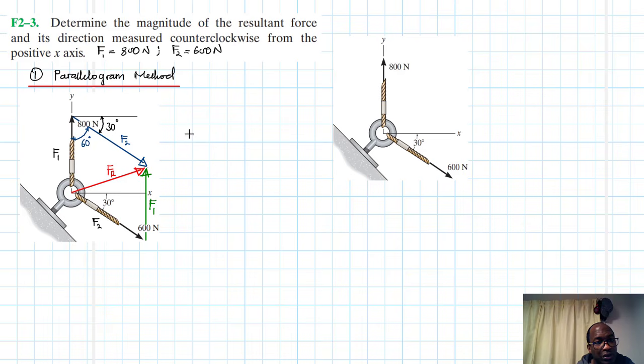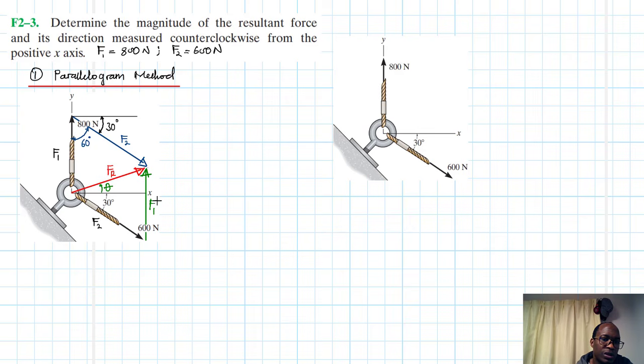So we can use the parallelogram law to find FR, and once we found FR, we also need another angle. We need this angle here measured from there. This is the angle we need. This will be the direction, our theta.